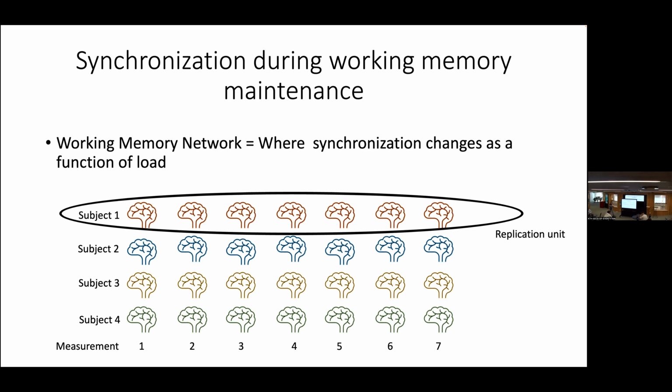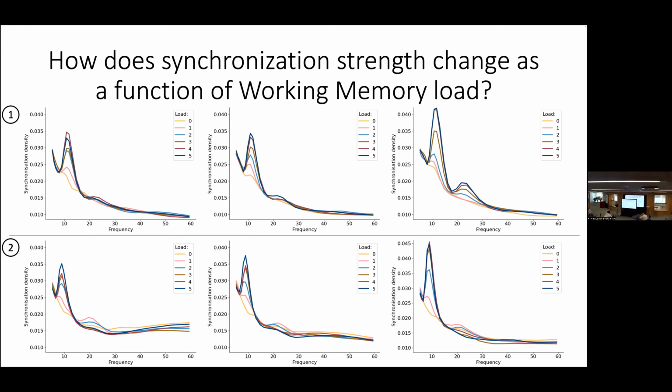So the first thing to do was just to look globally, like where do we have a change in synchronization? So this is what we see. These are for two subjects. Here's 3 measurements from the first, here's 3 measurements from the second subject. As you can see, there is this increase in the alpha band that's really clear in both subjects.